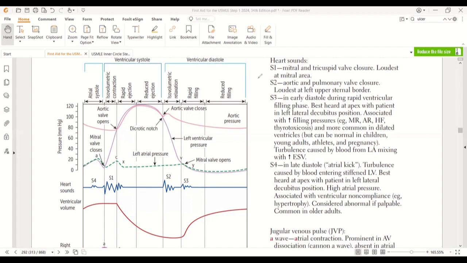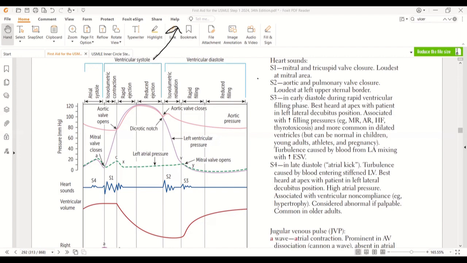Moving toward the discussion again, this is the repetition of the cardiac cycle. You know how important the cardiac cycle is. We will divide the cardiac cycle mainly looking at the ventricle. When we talk about systole, it means ventricular systole, not atrial systole.